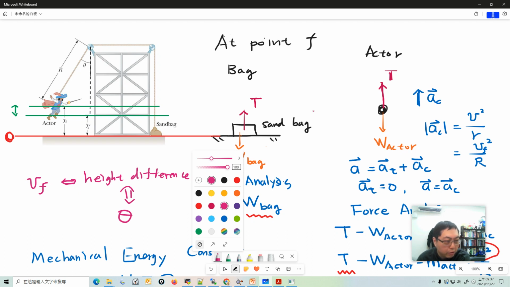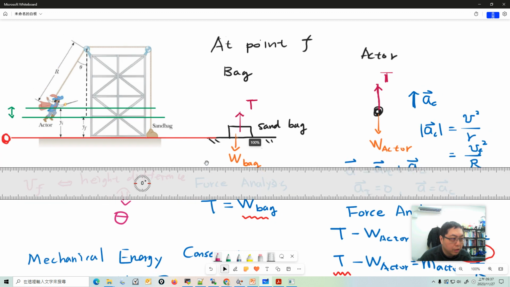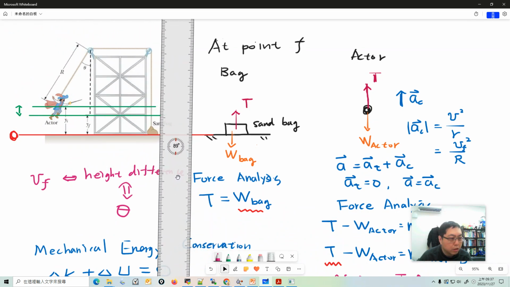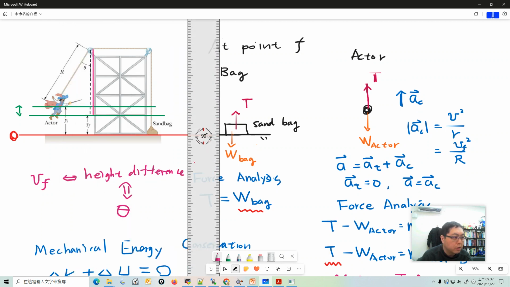The length of the rope doesn't change from position i to position f, so here is also R. What is yi minus yf?